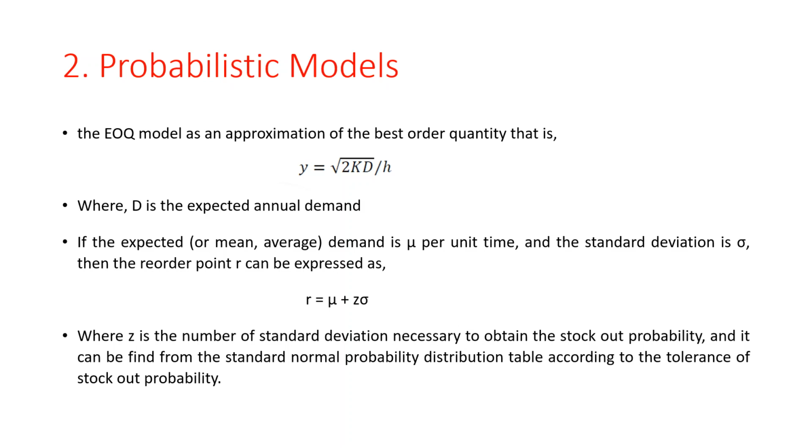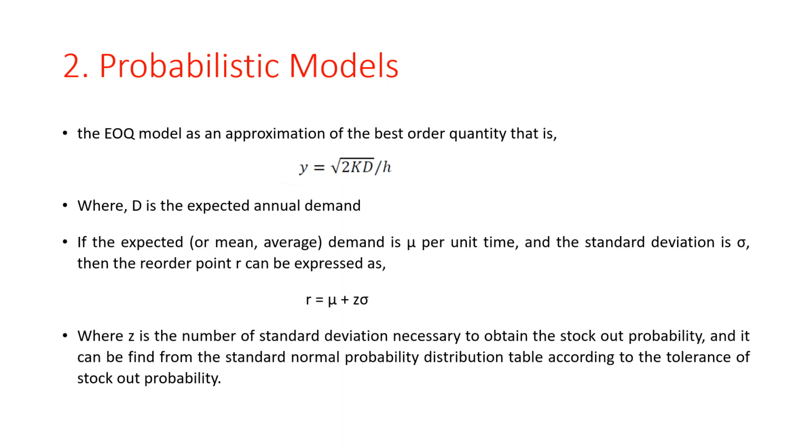The EOQ model gives an approximation of the base order quantity, that is y equals the square root of 2KD divided by h. Here EOQ means economic order quantity model, where D is the expected annual demand.